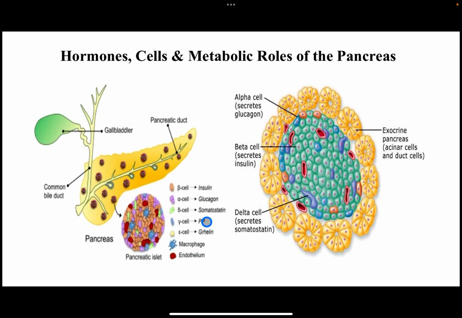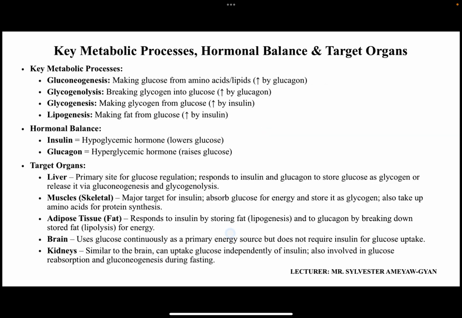The PP cells secrete the pancreatic polypeptide, and they regulate the activities of the endocrine cells. Then we have ghrelin, which acts mostly on the hypothalamus and plays a role in hunger stimulation. So basically, these are the endocrine and then the exocrine cells.